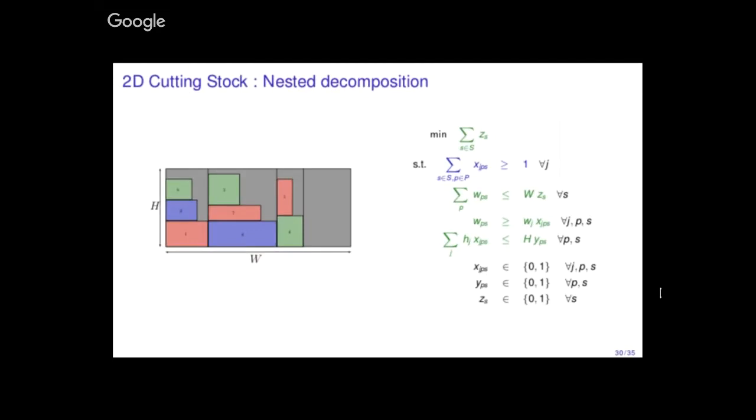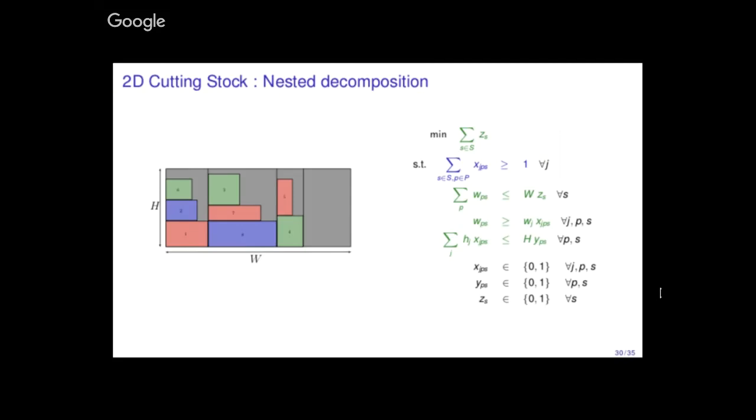Now, the last example is where you can go a bit further and do a decomposition inside a problem that is already decomposed. The example for that is the 2D cutting stock problem. This problem is very similar to the 1D cutting stock problem, except that you're allowed to do 2D cutting patterns to satisfy the demands.